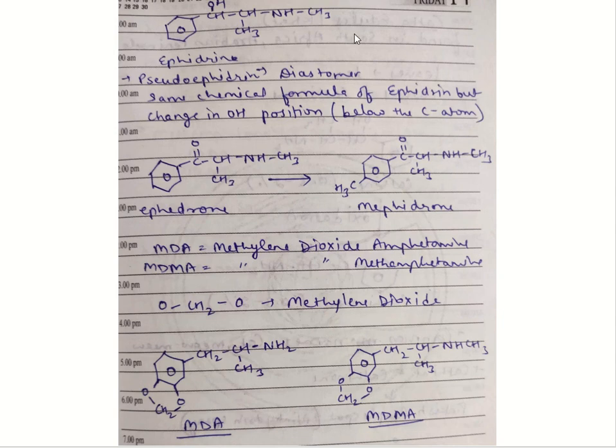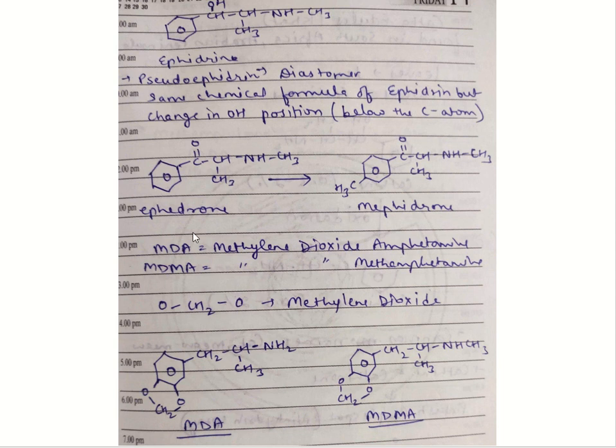This is the structure of ephedrine. When the OH group above the carbon atom is placed below it, it forms the structure of pseudoephedrine. So ephedrine and pseudoephedrine are diastereomers. Ephedrone is used to synthesize mephedrone.